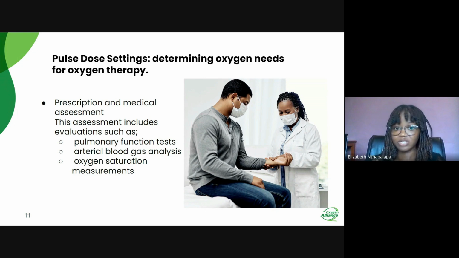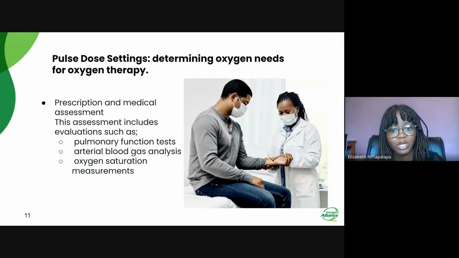Based on the results, it is now a good time for the doctor to decide to put the patient on oxygen therapy. The prescription is specific to the required oxygen flow rate or first dose setting, according to different reasons, as there are different types of respiratory failure.